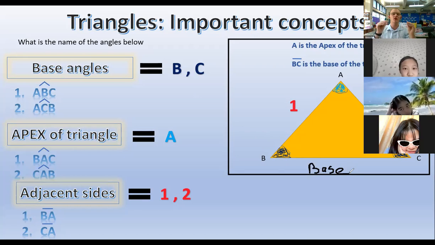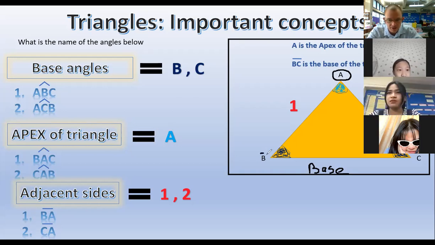It's not one of the angles that is touching the baseline. It's always the one opposite. So in this example here, A is our apex and BC is our base.